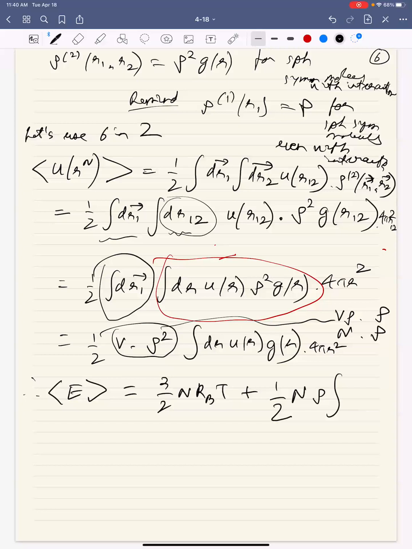So 1/2 N rho dr 4 pi r square g of r u of r. I just remembered that in your homework 5, which all of you are going to try, there is a term, something very similar to this integral, that you are going to prove. N is dangling everywhere, so we could move it to the left side.